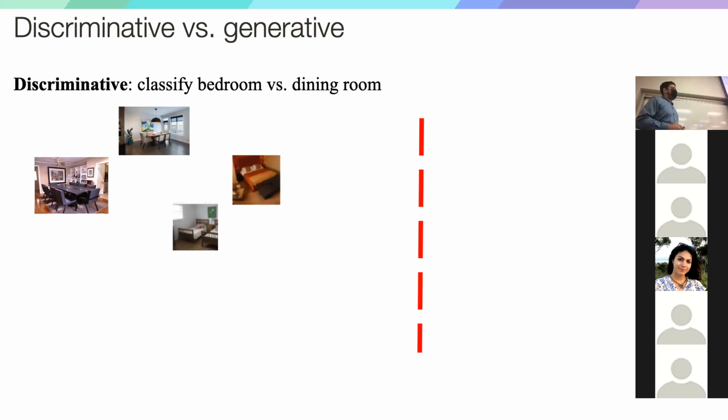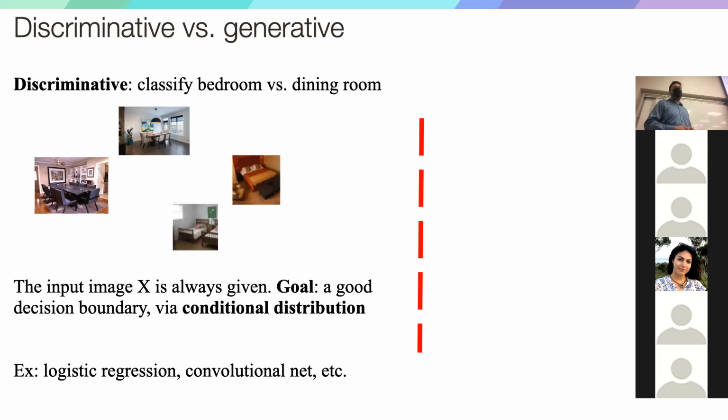Just as a reminder, in discriminative modeling, you're typically interested in either regression or, for example, classification. So here, as an example for a classifier, you might have images of bedrooms on the lower right-hand side, and images of living rooms on the upper left-hand side. Then the goal is that you learn to discriminate them.